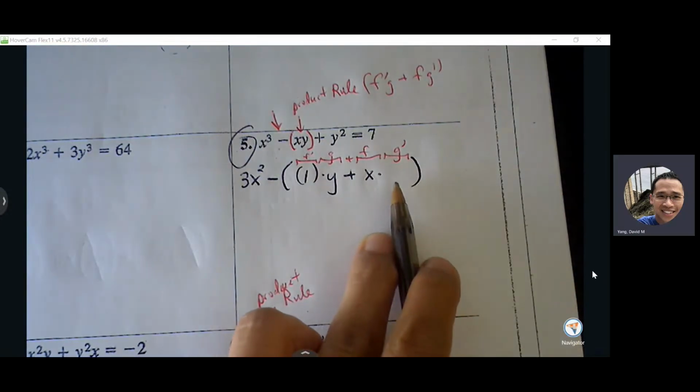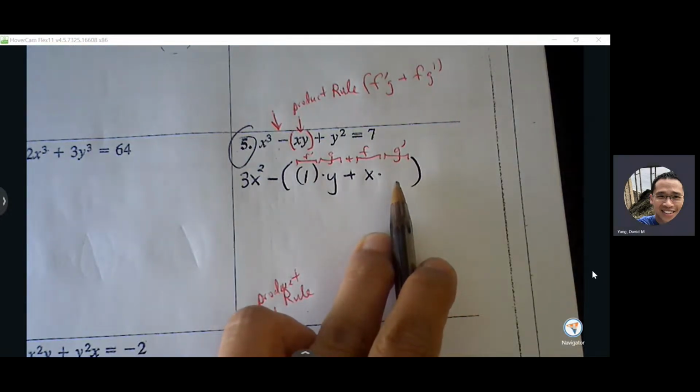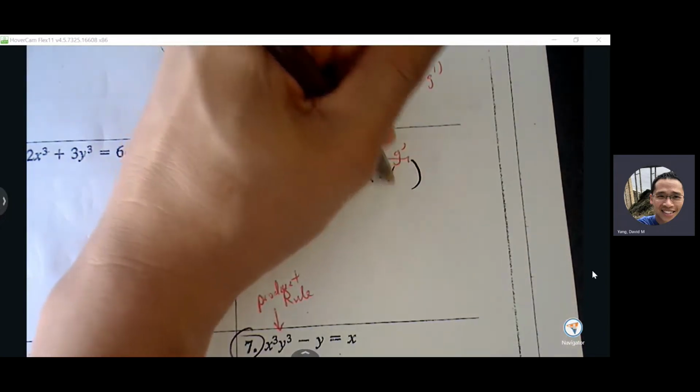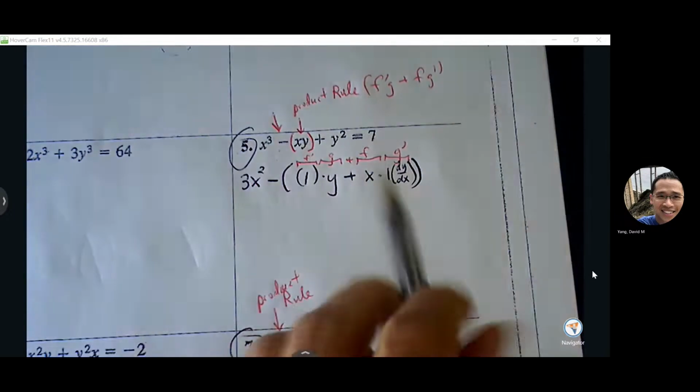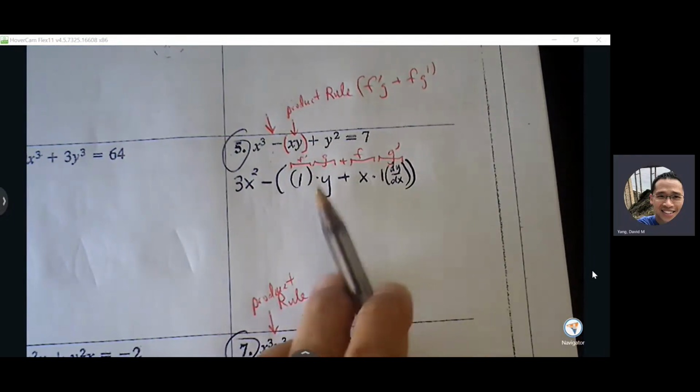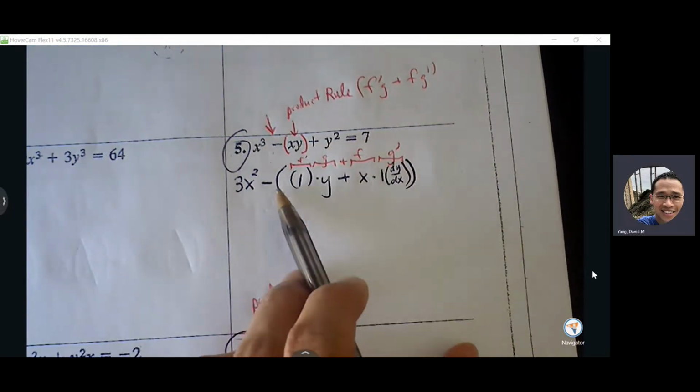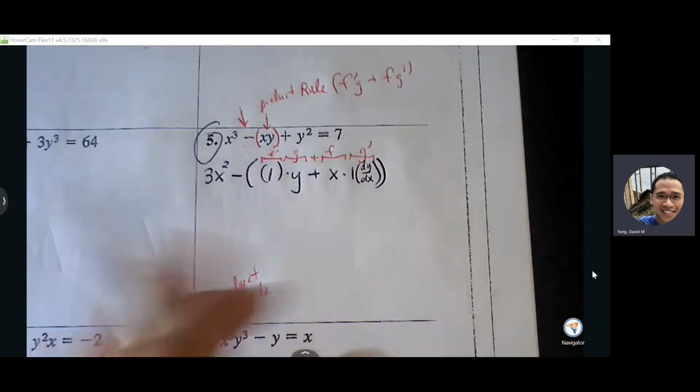What does g prime become? 1 dy/dx, yeah. Okay, we're not done yet because that will take care of that middle portion. We'll distribute the negative later, but let's finish off the rest of the equation.